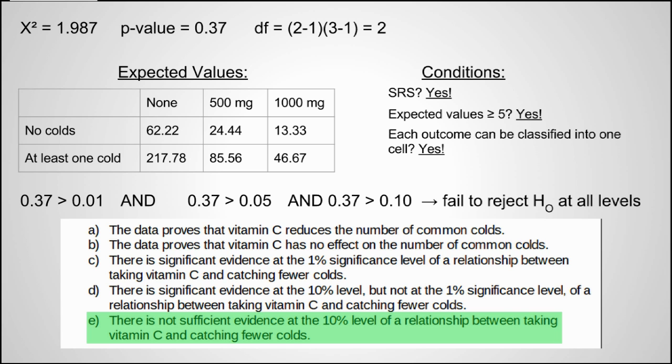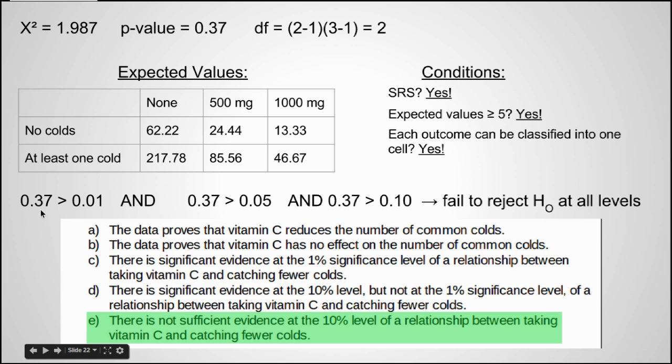I made a two-way table and labeled it expected values the same way my observed values two-way table was. I listed all my conditions and stated whether or not they were met, and they all were.